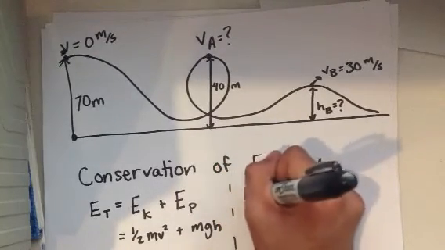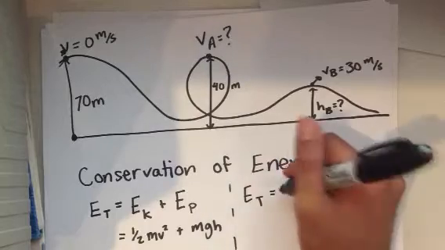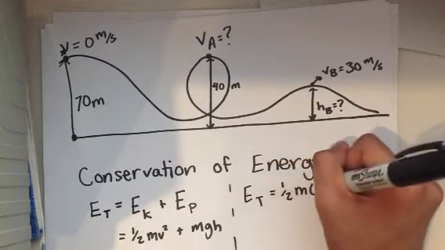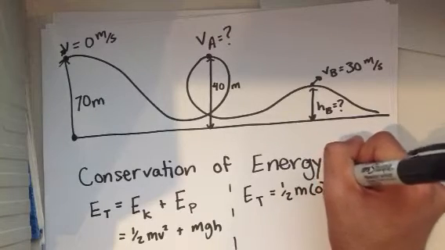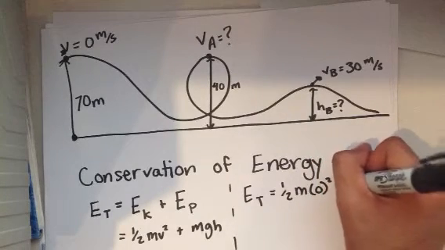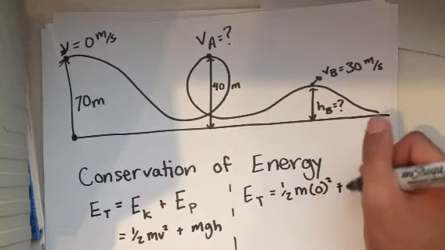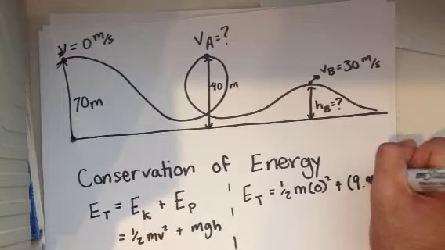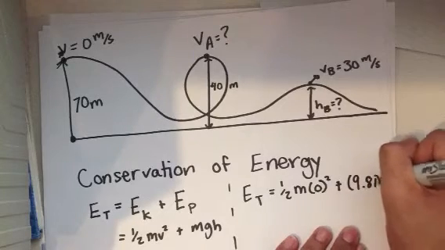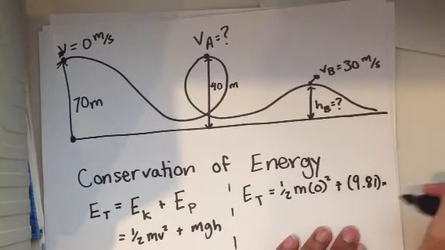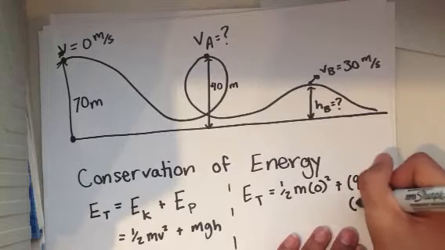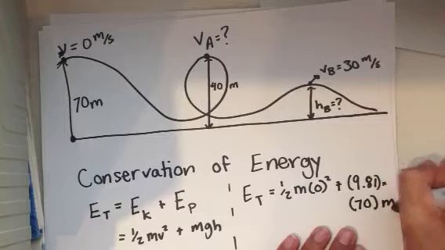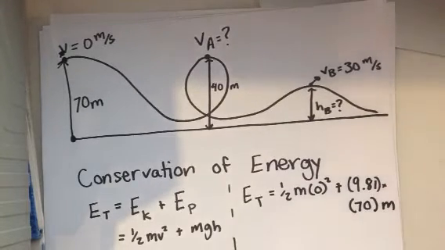So E total equals 1/2 m v squared plus (9.81) times 70 meters times mass.